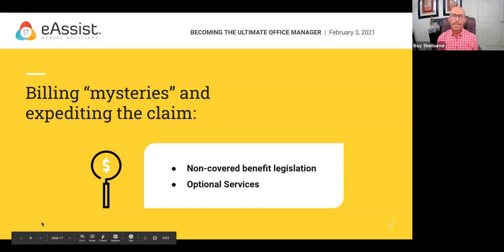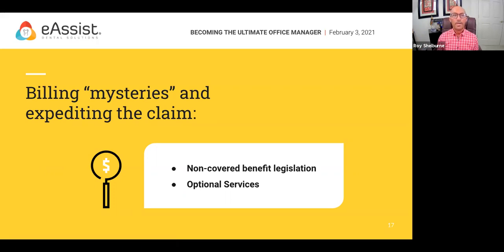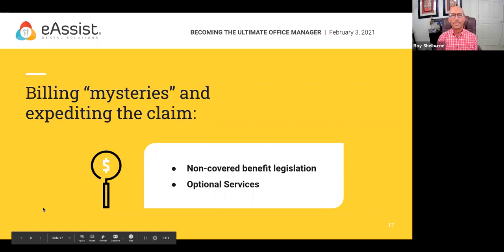And the optional service piece is with PPOs, there are many times when the PPO will remap that service from what you billed and what you provided the patient to something lower. Most policies include what's called an optional service clause, where if the patient is willing to pay for the upgraded service, you have that documentation, you send that along with a claim to the insurance company.